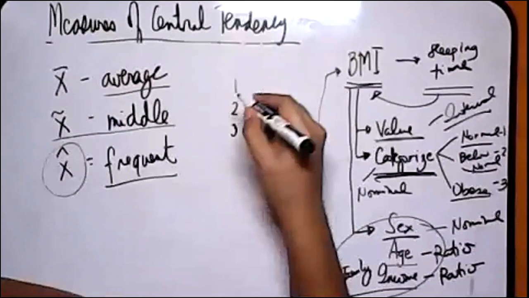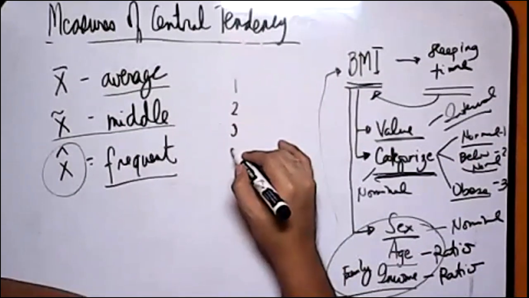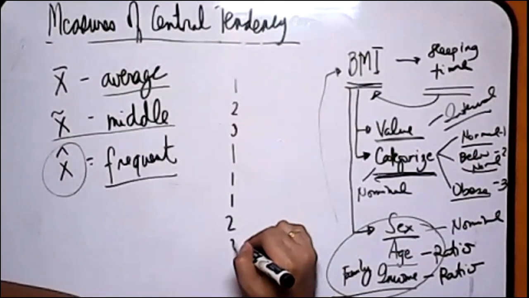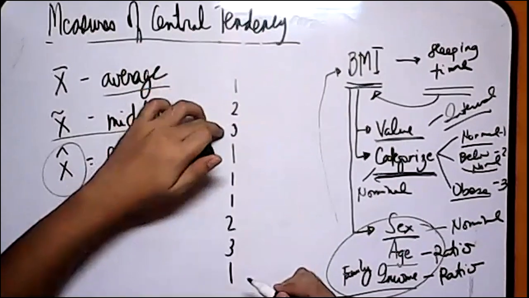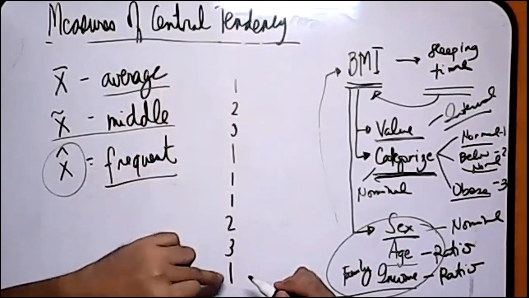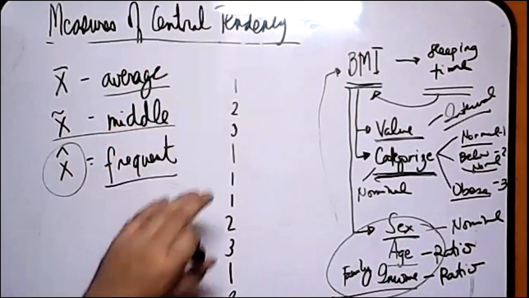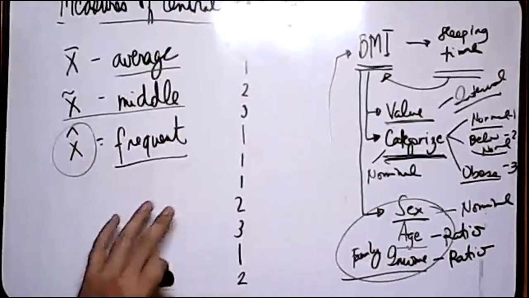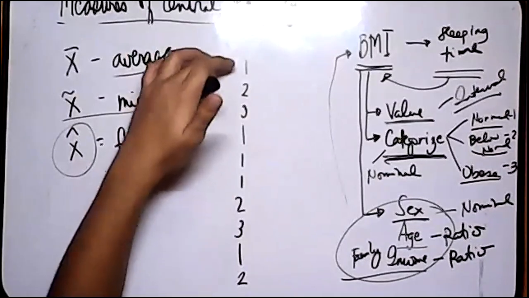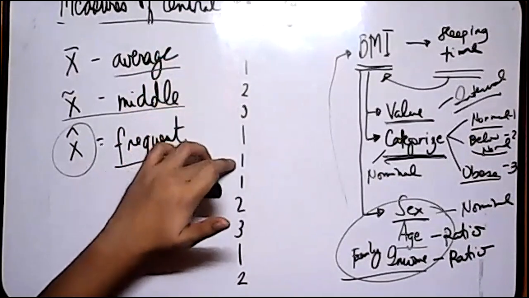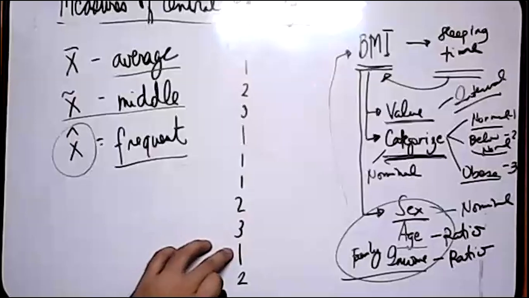1, 2, 3, 1, 1, 2, 3, 1, 1, 2, 3, 4, 5, 6, 7, 8, 9, 10. All right. So imagine that these are the BMI of my respondents: 1, 2, 3, 1, 1, 1, 2, 3, 1, and 2.